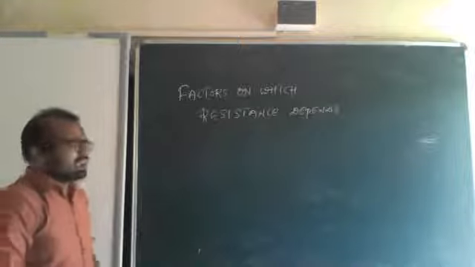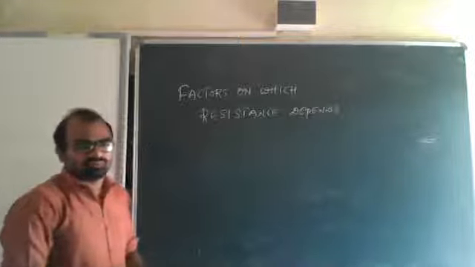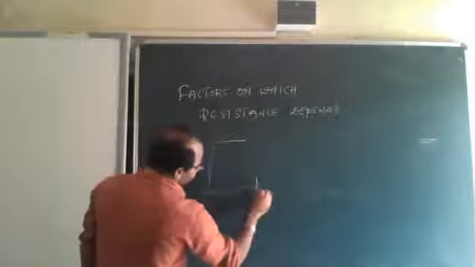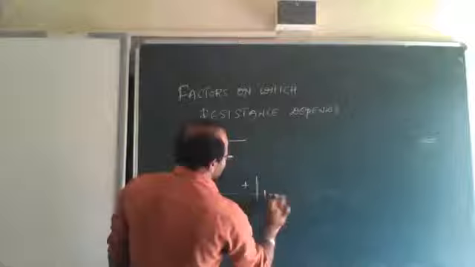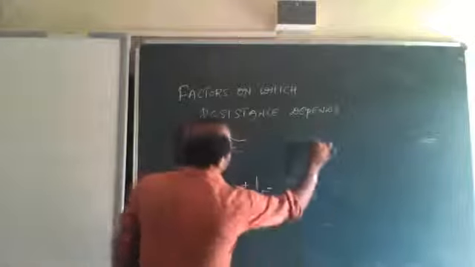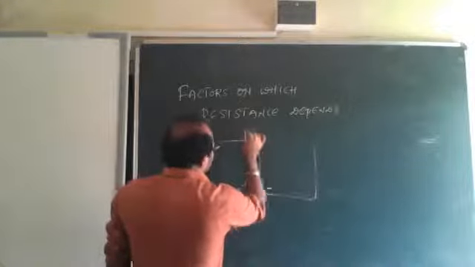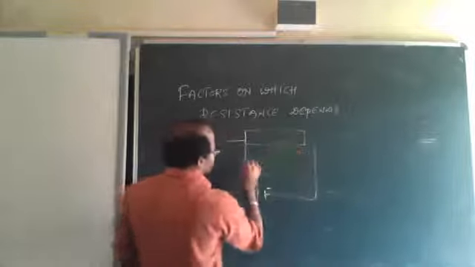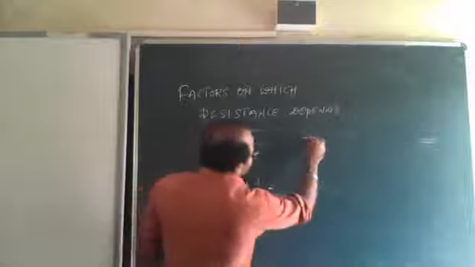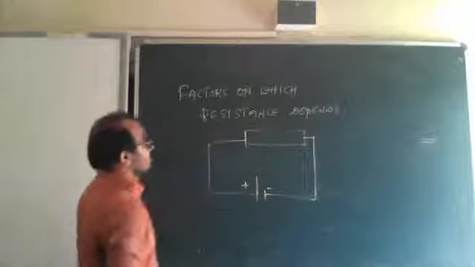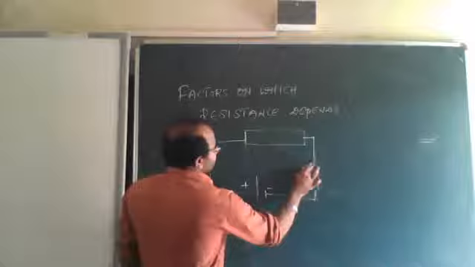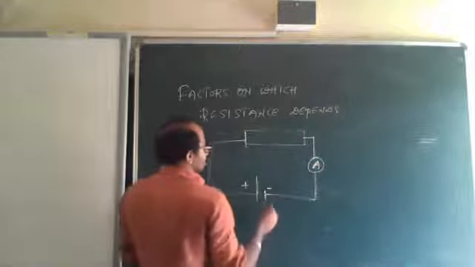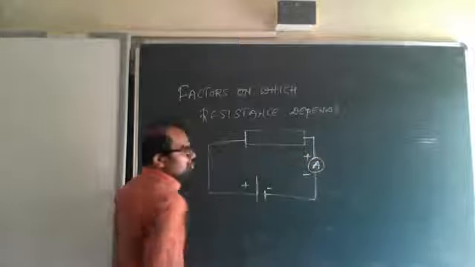For this, I will tell you one experiment. Suppose this is a battery, or you can say a cell. Wire is there. Here I will connect an ammeter to measure the current.